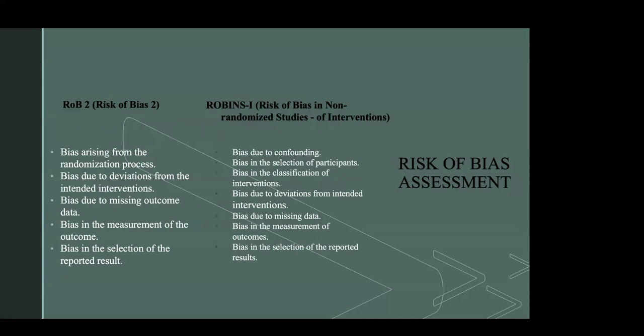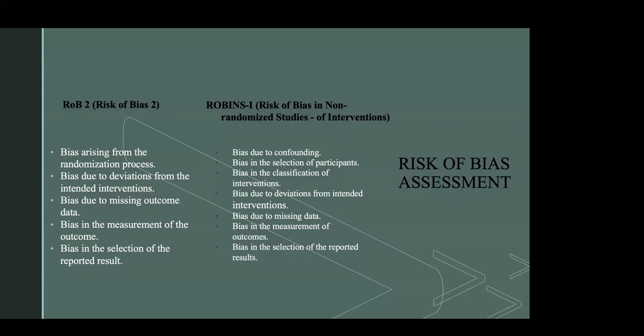In order to assess the risk of bias, they used the ROB2 and the ROBINS-I criteria. These are two tools available for bias assessment, wherein there are 5 domains in the ROB2 tool, and the ROBINS-I tool has 7.